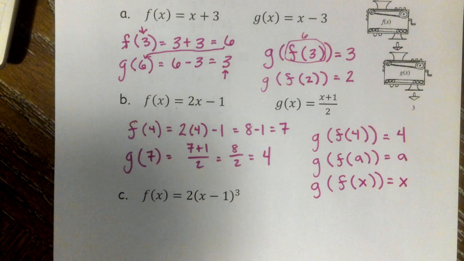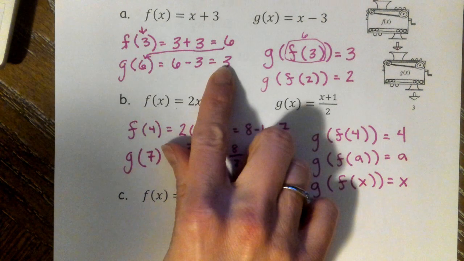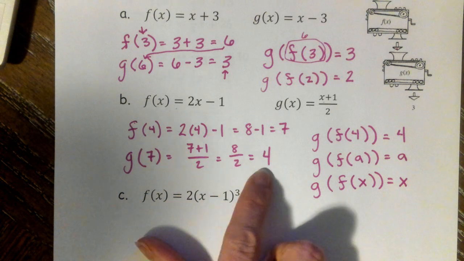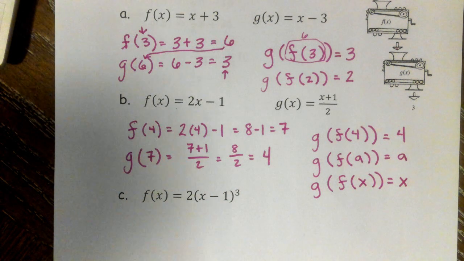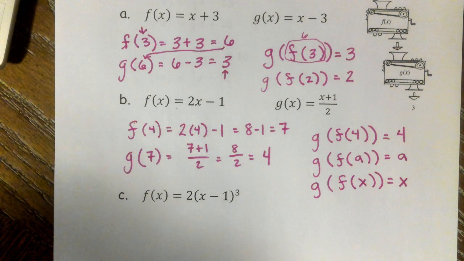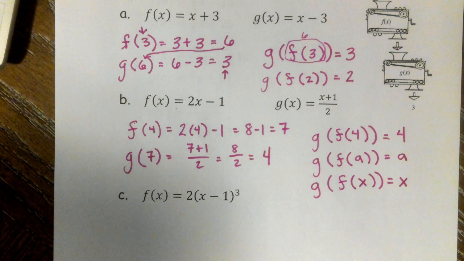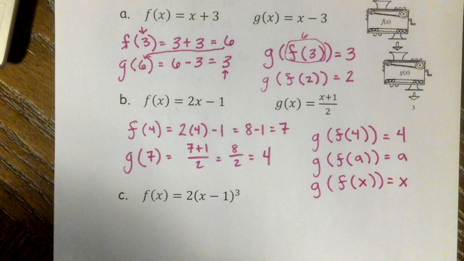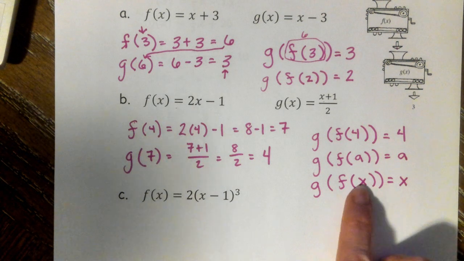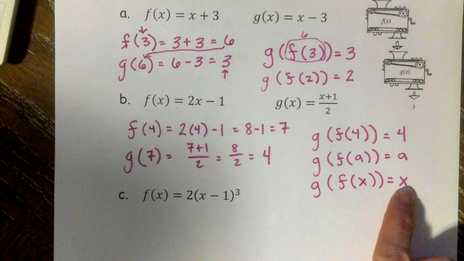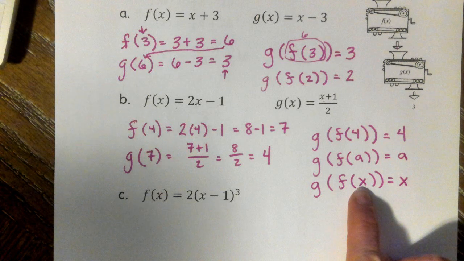You would still have to check, because what if the 3 was just a fluke? What if the 4 worked for that one, but it didn't work for other ones? So instead of being in Algebra 2 forever, instead of trying to check every single possible number, we'll just use x, because you can plug in any number for x.